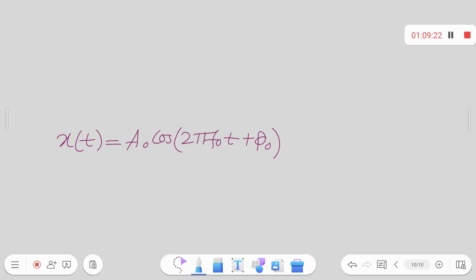But at t is equal to t naught, you cannot predict what will be the value at t is equal to t naught, or t naught plus delta. It cannot be deterministically defined. The same with temperature and weather forecast. You cannot say what the temperature will be after 4 hours or 5 hours.